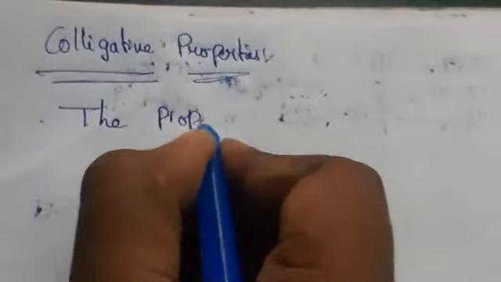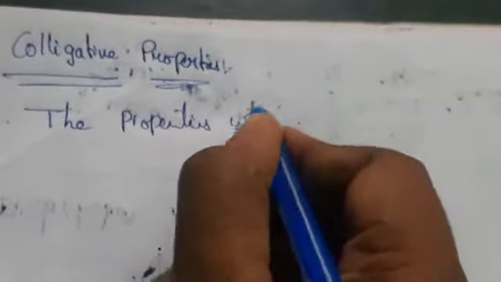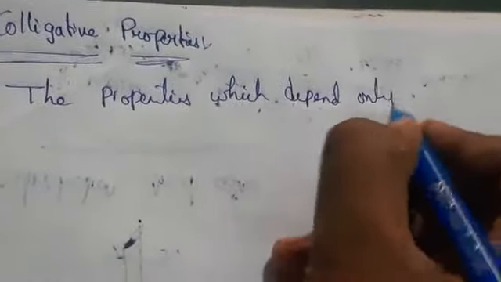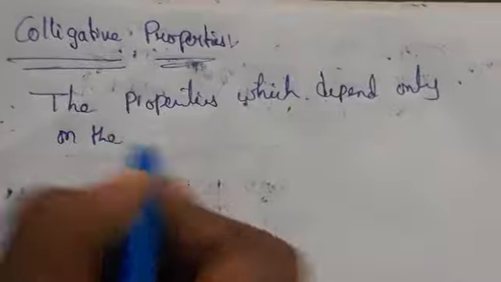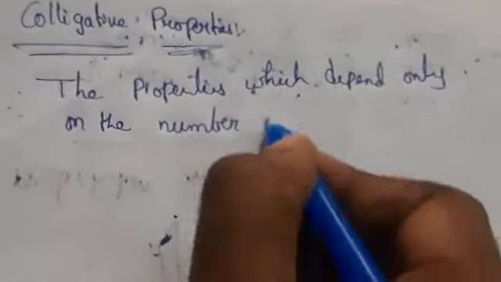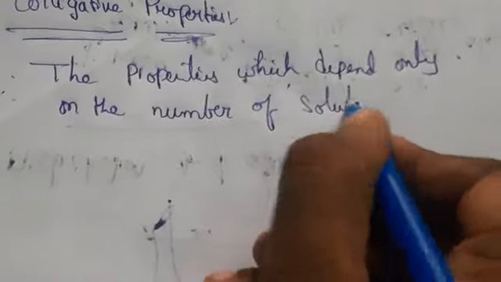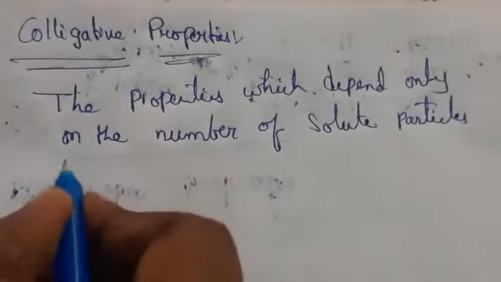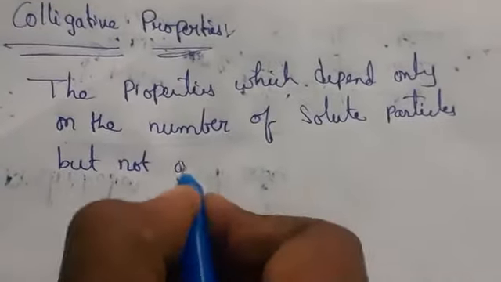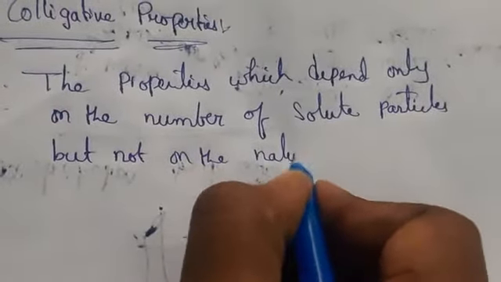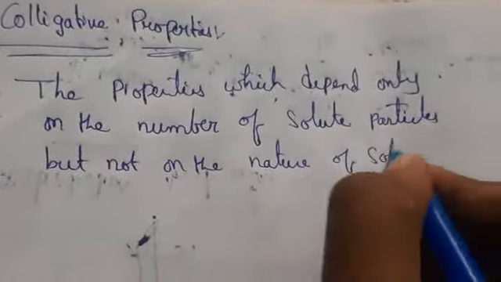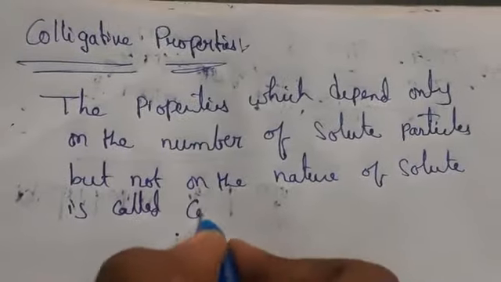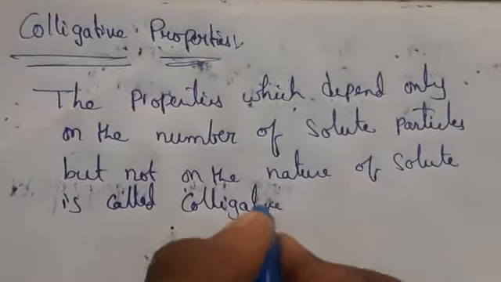The properties which depend only on the number of solute particles but not on the nature of the solute, we call colligative properties.